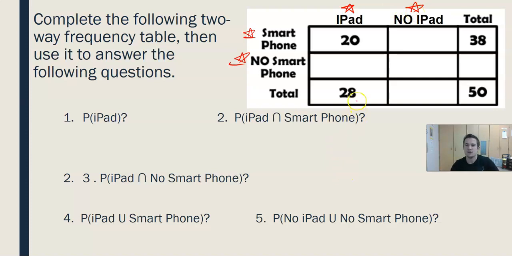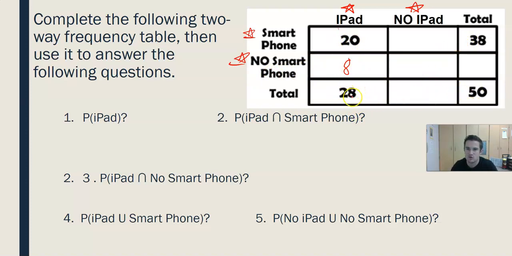Okay, so we see here that there are a total of 28 people that have iPads. So this column is going to have to add up to 28. If I have 20 people here that have a smartphone and an iPad, I must have 8 people here that don't have a smartphone but have an iPad, because these have to add up. Same here.